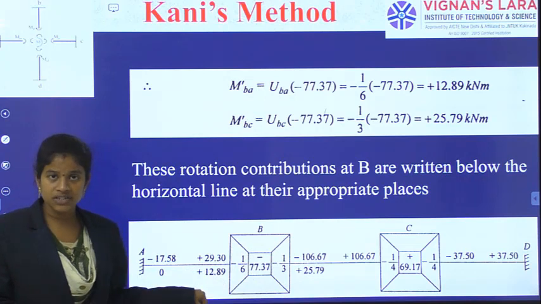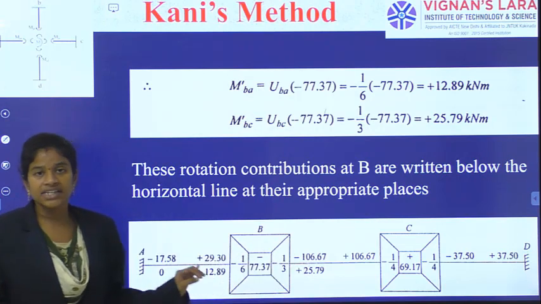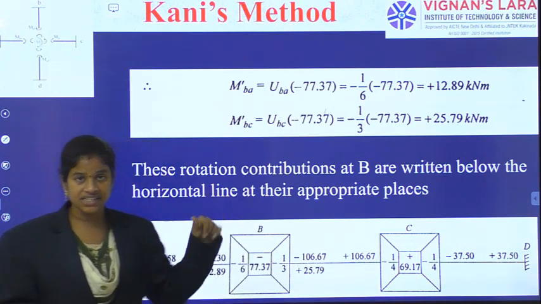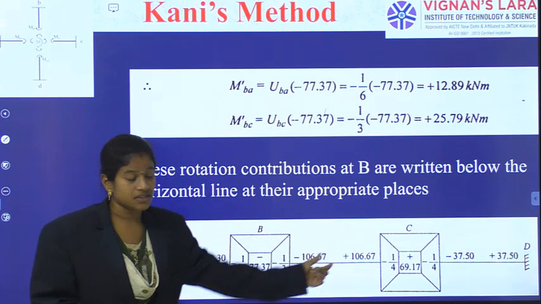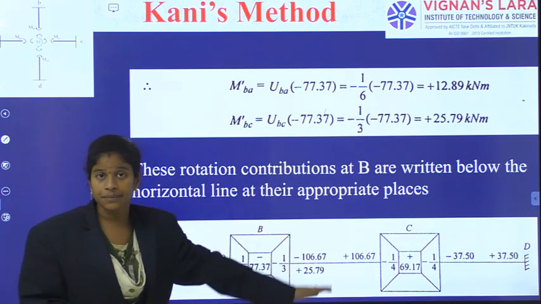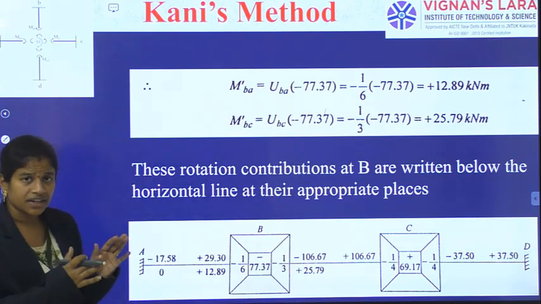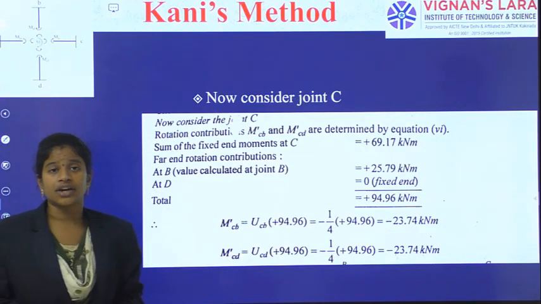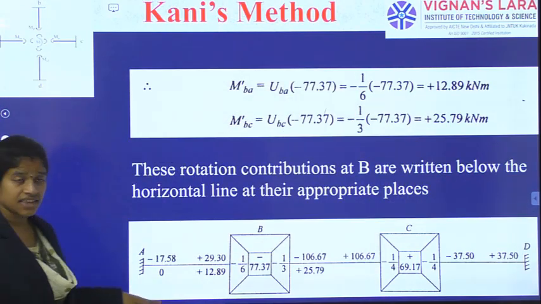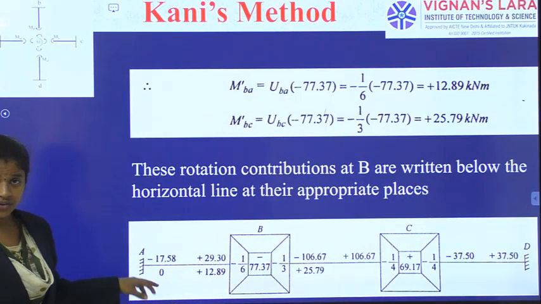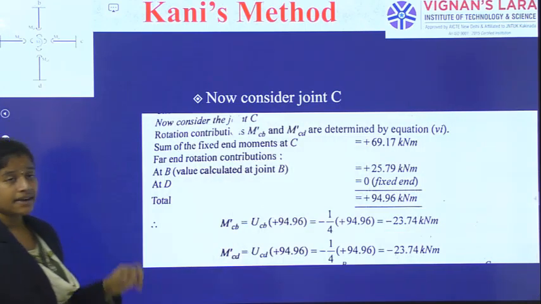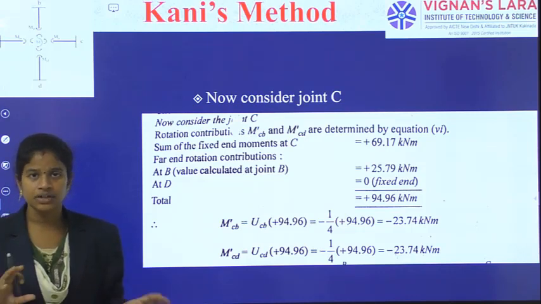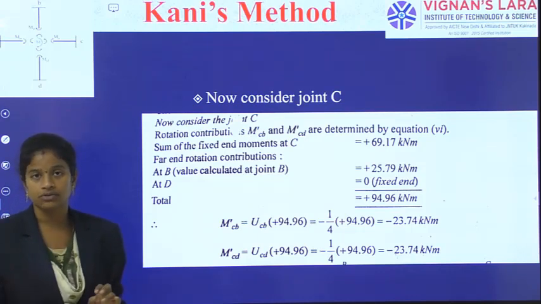Below that, we write the rotation contributions M dash BA and M dash BC. So those two values I have kept here. Now the next step is considering the next joint. We have also mentioned that at fixed D there is no contribution, so that value we have given. And I am considering the next joint. Like that we should solve each joint in turn.